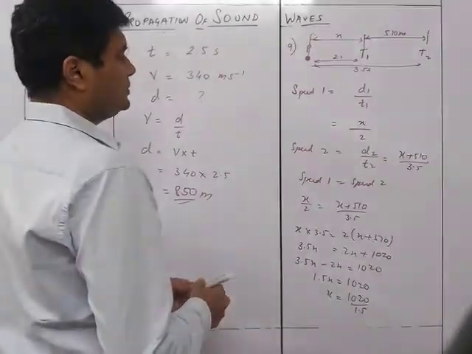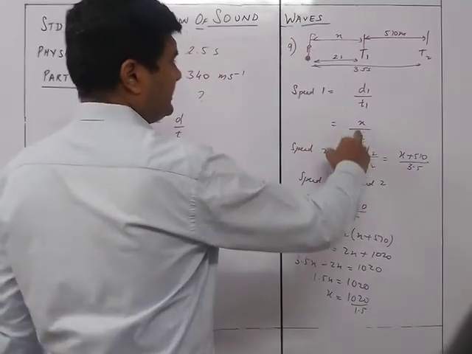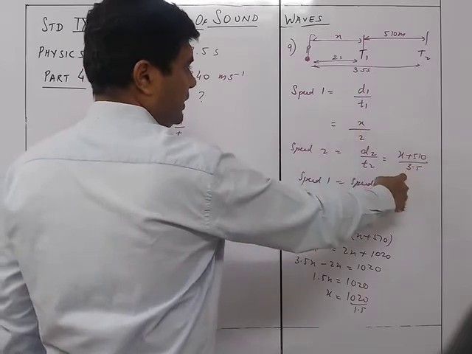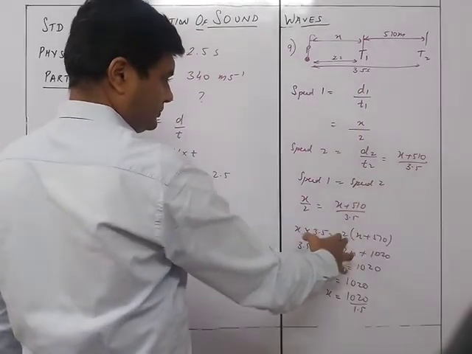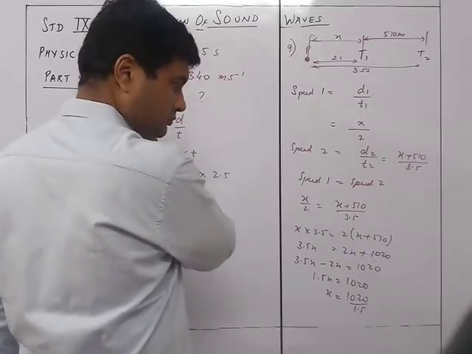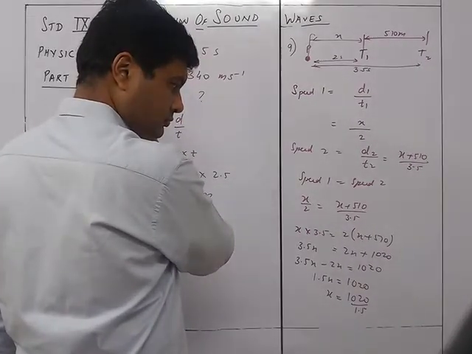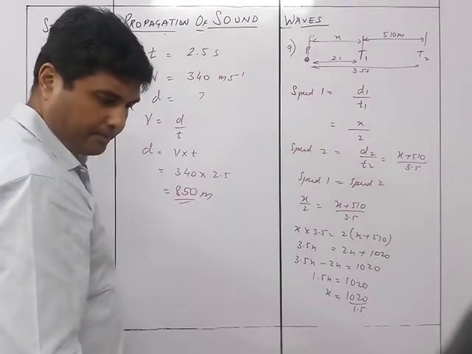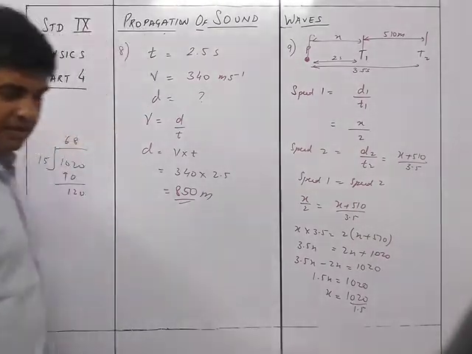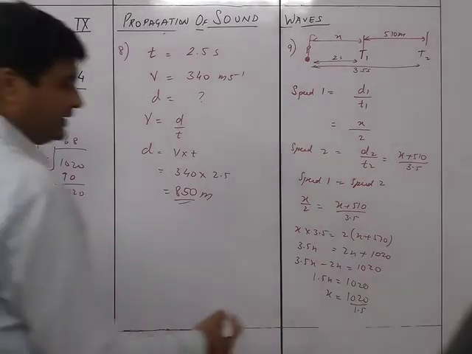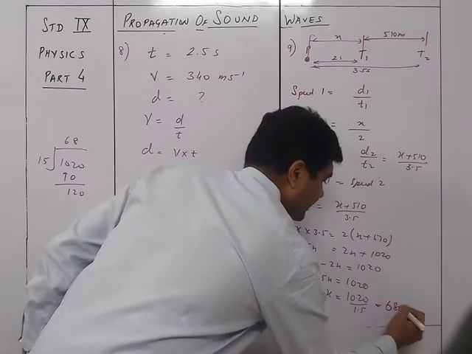Speed equals distance upon time. Distance is x upon 2, and this is x plus 510 upon 3.5. So that is 680. So this is going to be 680 meters.